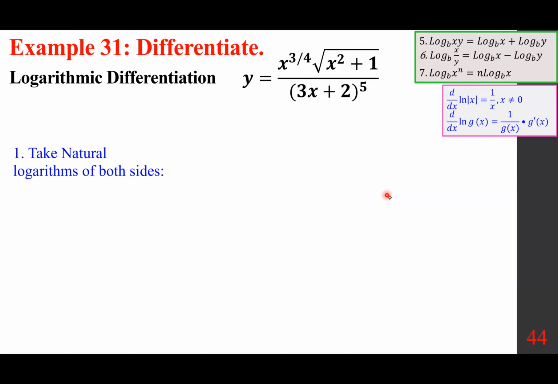So ln y. Now, please understand, we want to decompose this. So we are looking at ln of this, right? So this is ln of the top. Let me write it here, ln of the top. And I'm going to write x squared plus 1 to the power of 1/2 minus ln of the bottom.